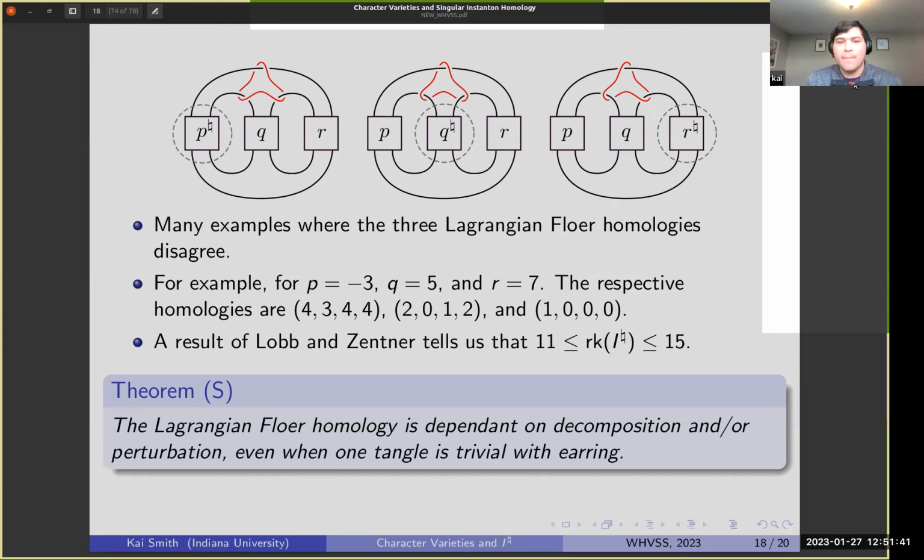In this particular example, I think there's a couple of easier examples to start with, where maybe two of these homologies match and one of them is different, and there's not as many self-intersections. But I haven't yet really figured out where the bounding cochains have to come up, but that's something I would like to explore more in the future.